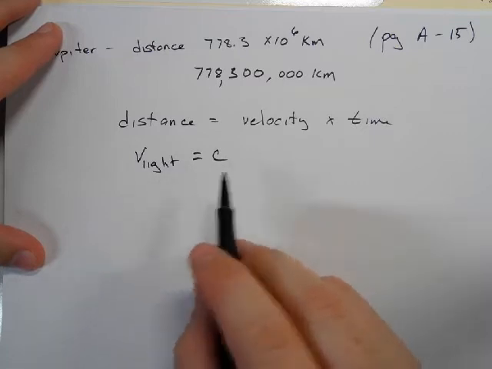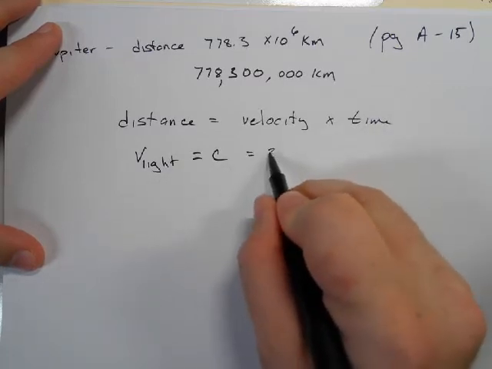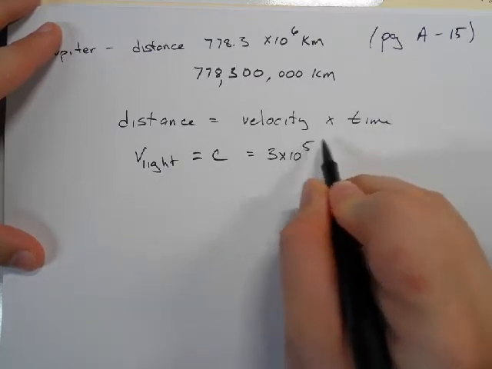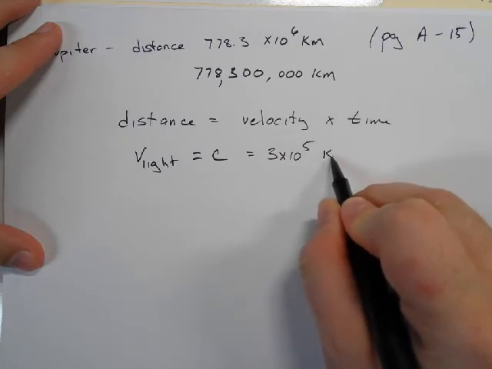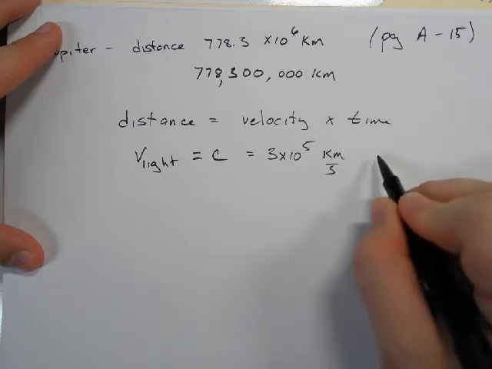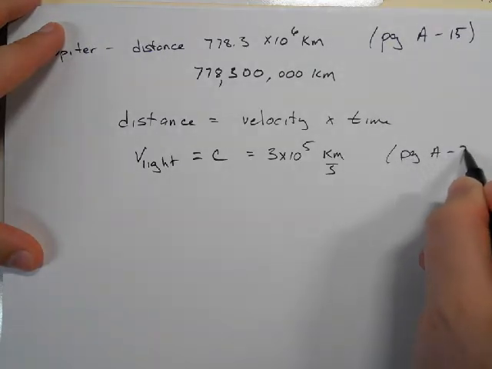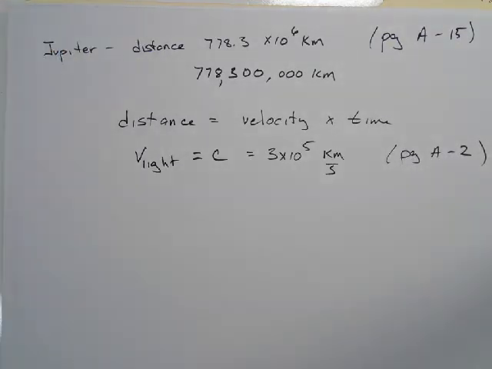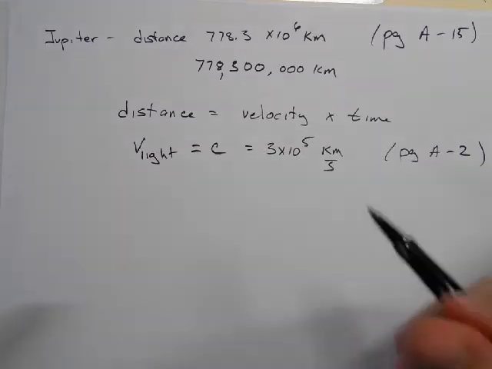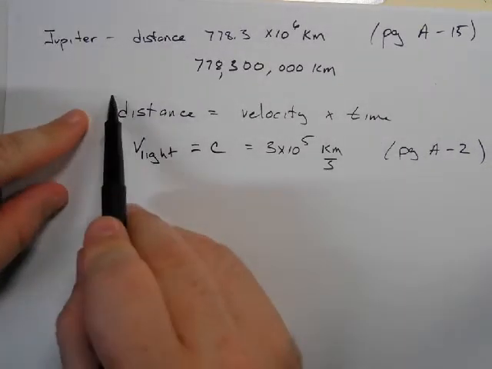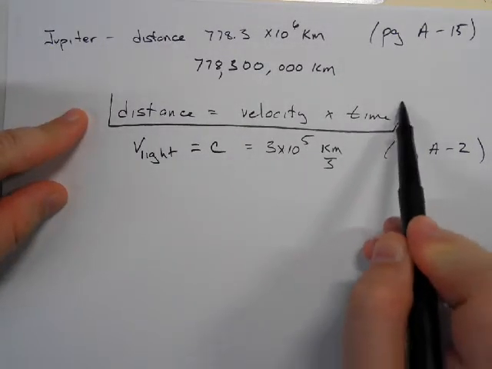You'll look at this in your textbook. It'll be 3 times 10 to the 5 kilometers per second, and this is on page A2, if you're looking for this. So we have these two numbers, and this is the thing that we're trying to work out.